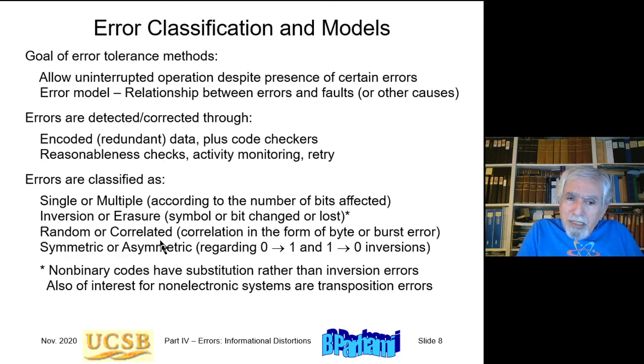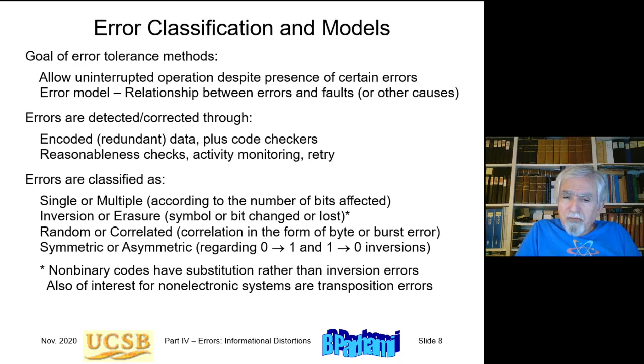Random or correlated. Random is when multiple bits are changed randomly, independently, and correlated is when multiple bits change as a result of a common cause. An example of correlated errors are byte errors, an error that affects multiple bits in a byte, and burst errors. Burst is when an error affects multiple adjacent bits.